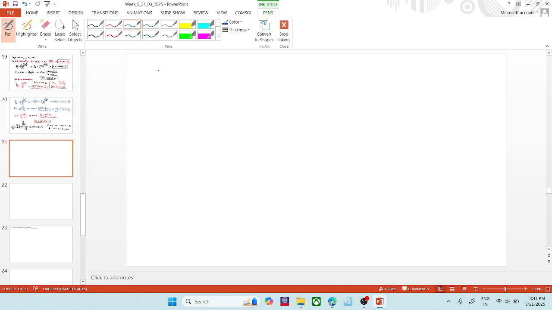So energy at point 1 plus energy at point 2 essentially would be equal to energy at point 3.